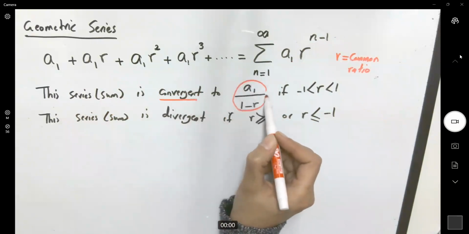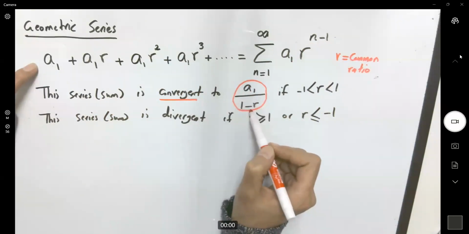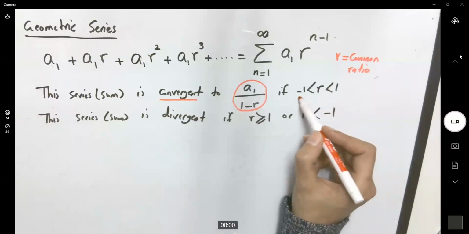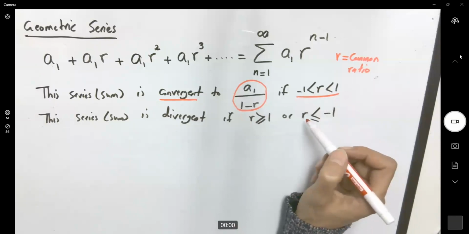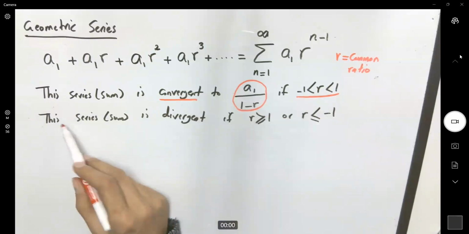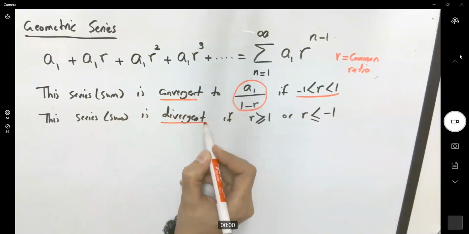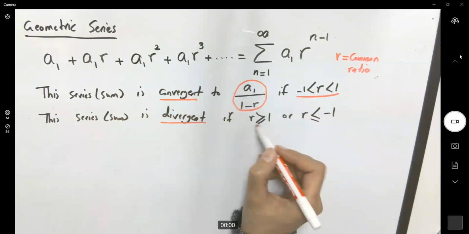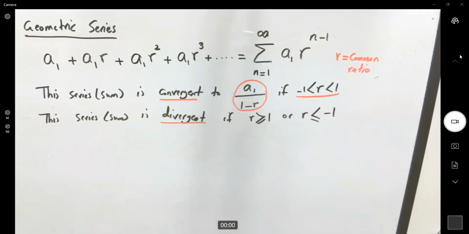What is that number? a1, the very first term, divided by 1 minus the common ratio if this condition is met, if your r is a number between -1 and 1. And again, this sum is called divergent if your r is larger than or equal to 1, or r is less than or equal to -1. Well, let us take a look at one example.